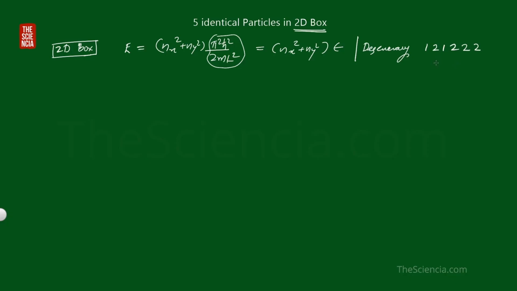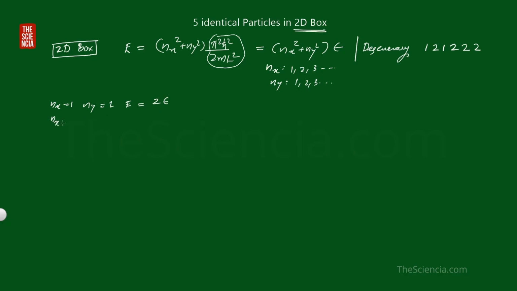And what are the energy levels? See, nx can have values 1, 2, 3, etc., and ny can have values 1, 2, 3, etc. So different combinations of nx and ny will give different energy states. The first combination is 1, 1, that is nx equal to 1 and ny equal to 1. So we get the energy E equal to 2E, right?